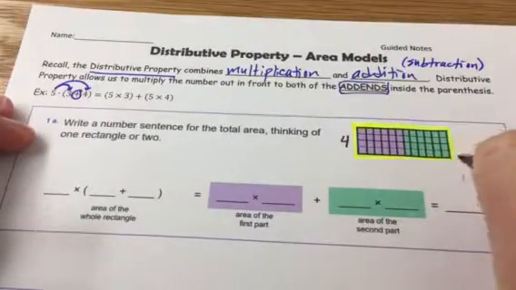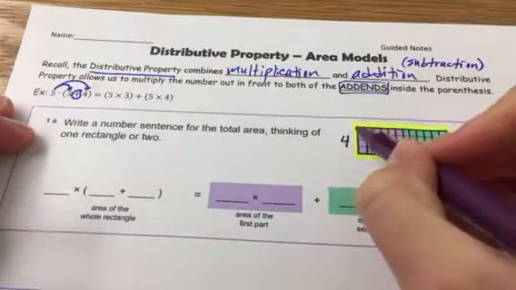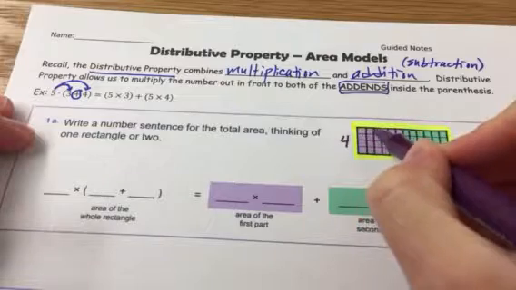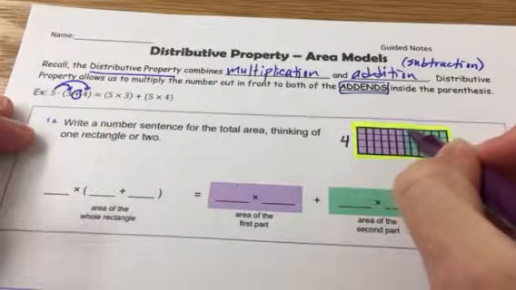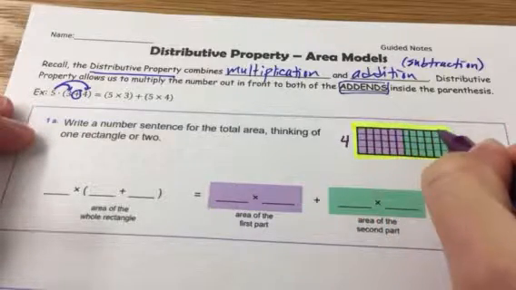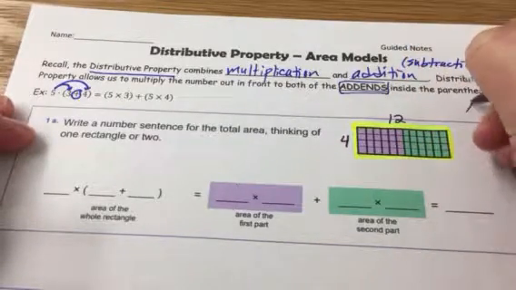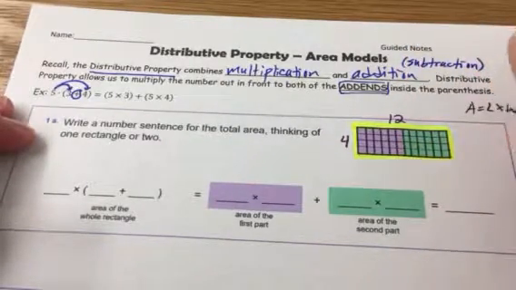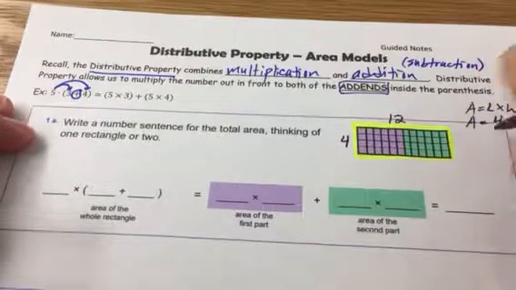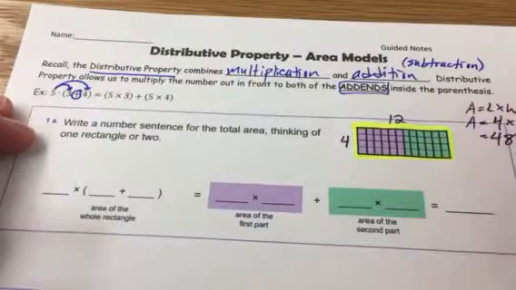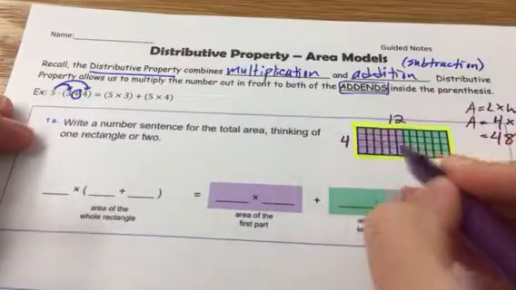And if I was going to find the area of the large rectangle, I would multiply it by its width. 1, 2, 3, 4, 5, 6, 7, 8, 9, 10, 11, 12 units long. So the area would be length times width, which is 4 times 12, which would be 48 square units.